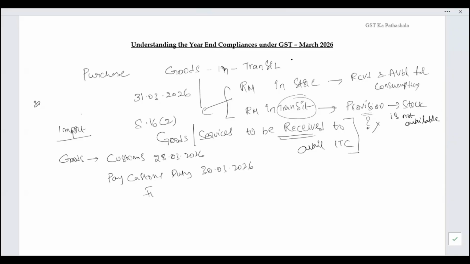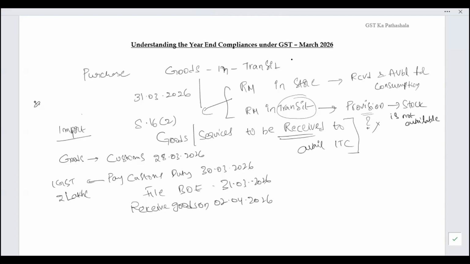I file bill of entry on 31st March 2026. I receive goods on 2nd April 2026. Assuming that the customs duty I paid, IGST, is 2 lakh.